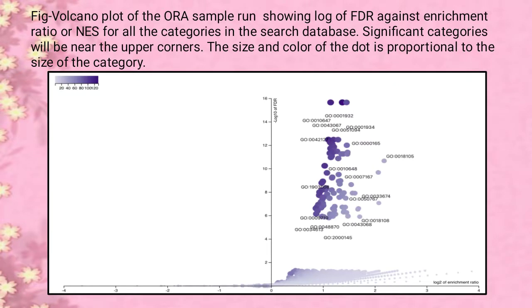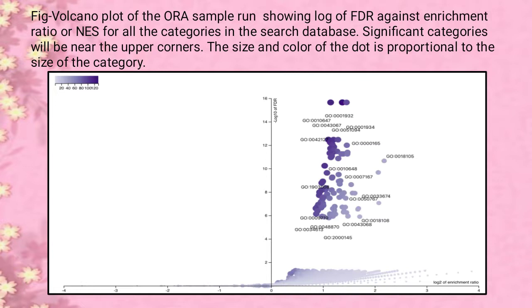This slide is showing the volcano plot for the ORA sample run, showing the log of FDR against enrichment ratio for normalized enrichment scores for all of the categories in the search database. Significant categories will be near the upper corners of the plot, and the size and color of the dot in the plot will be proportional to the size of the category.